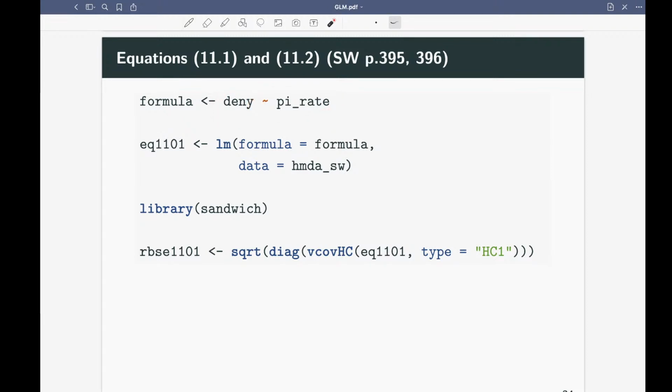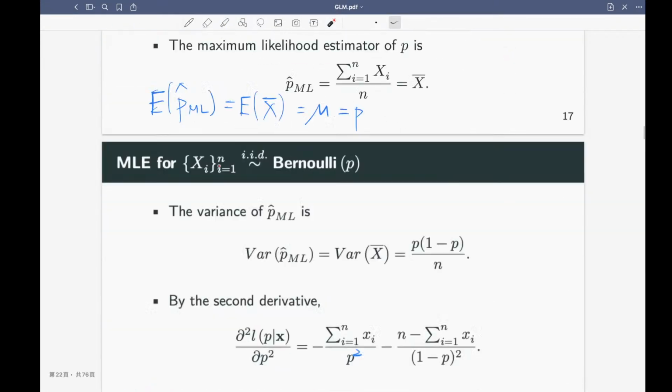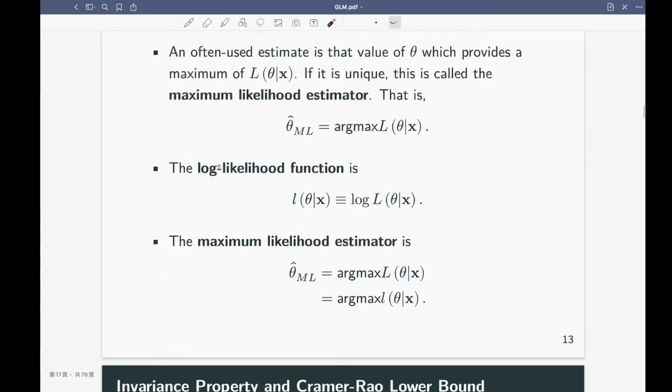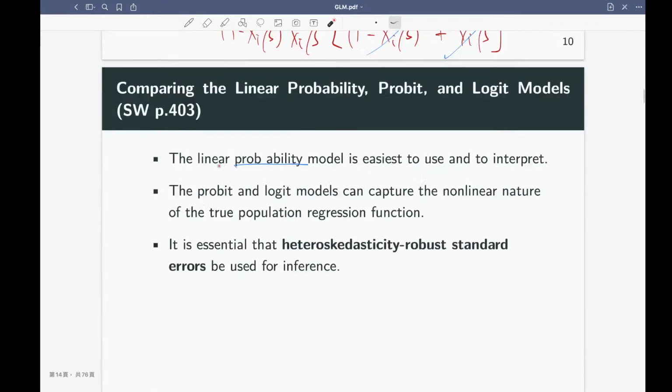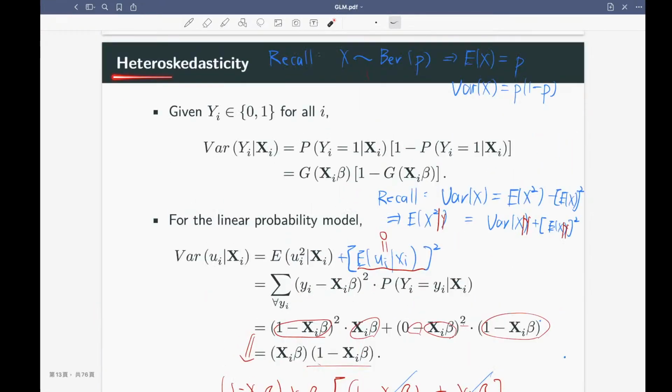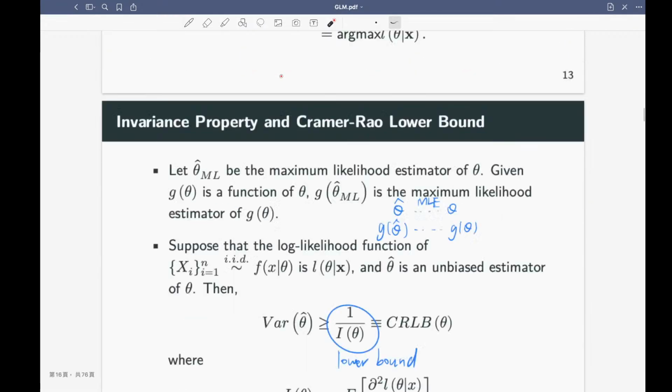So for the LPM, you can use the OLS function, a linear model, directly in R. But in this model setting, we should use a robust standard error because this result has heteroskedasticity.